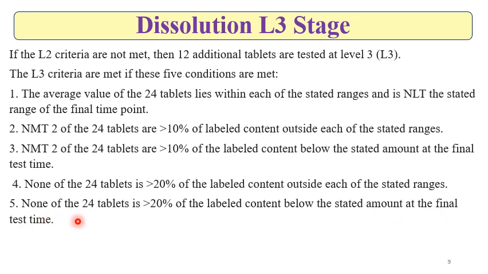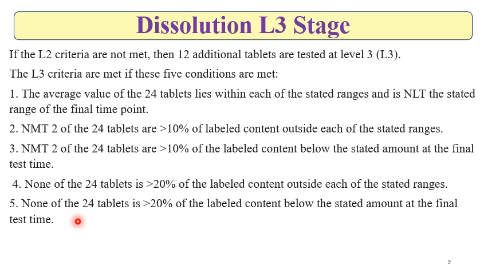So the L3 stage is a little bit critical to understand. See here, for 24 tablet data, not more than 2 units should be outside the 10% range, and none should go outside the 20% of the stated range.